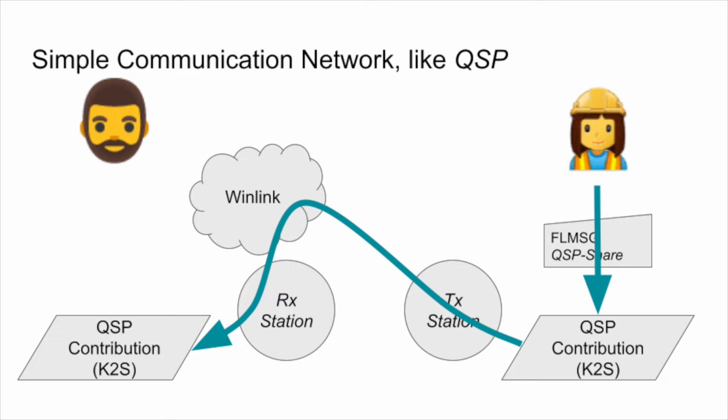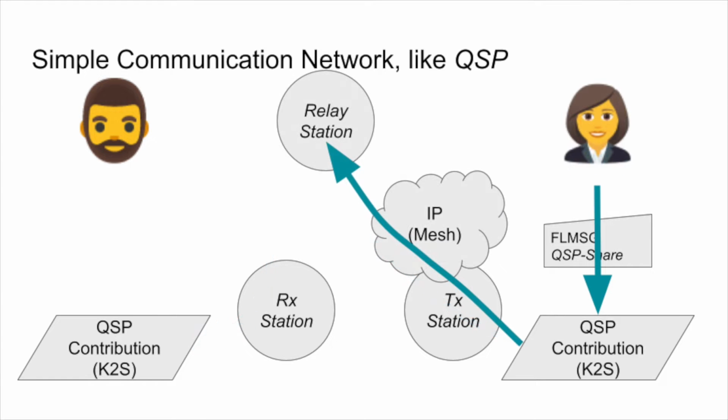On the other hand, if WinLink is not available or there is some other communication plan, it might be possible that the transmit station is able to use a high-speed network, an IP network maybe, something provided by a mesh local area network wirelessly connecting everybody at that site together. A designated relay station could be the one who actually receives that K2S file from the transmitting station.